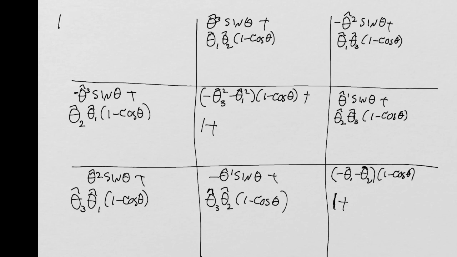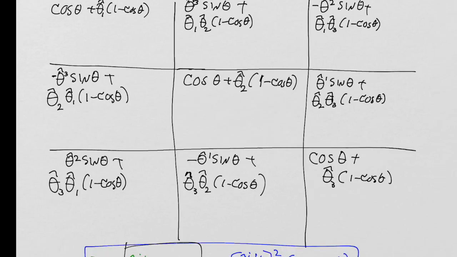So it's cosine theta plus theta 1 hat squared times 1 minus cosine theta. That's what belongs there. And likewise on all the other diagonals. Okay, and that gives us the final matrix that's in Gilmore.